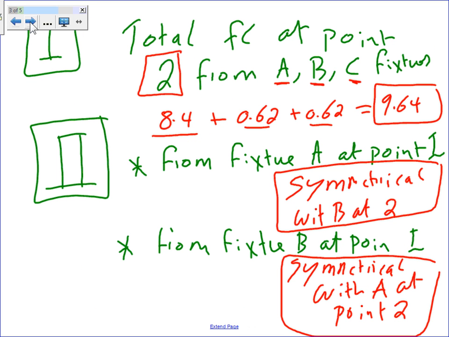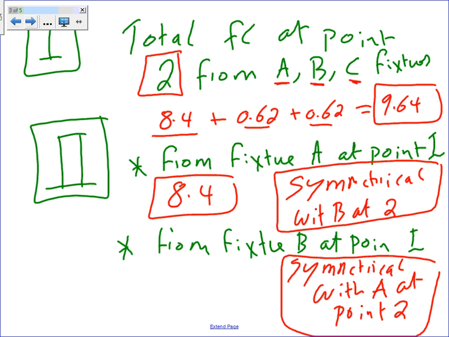So fixture A at point 1 is what? Because it's symmetrical, anybody can tell me what that would be? It's going to be 8.4. Fixture A at point 1 is symmetrical to B at point 2. If you do the calculation, prove it, be my guest.